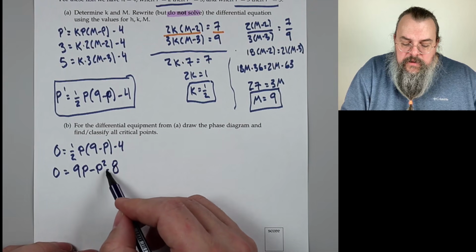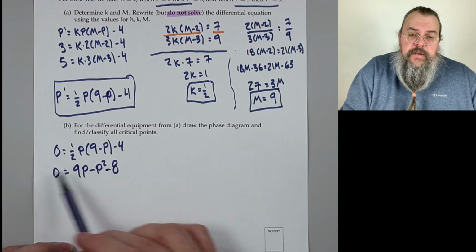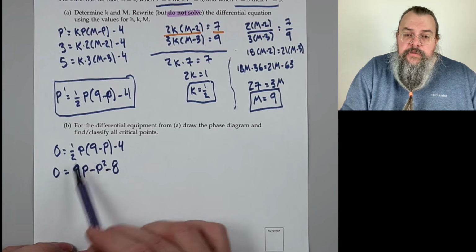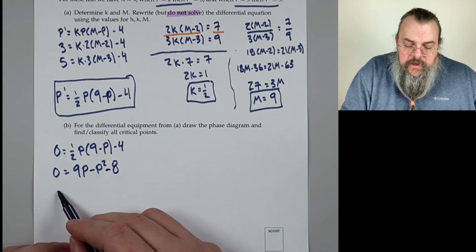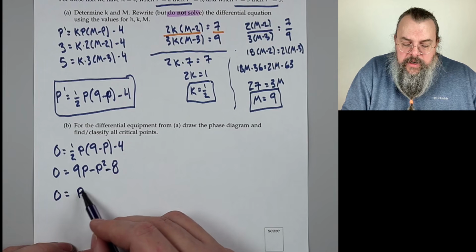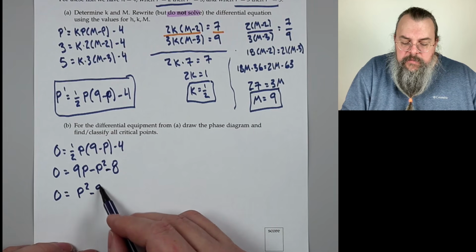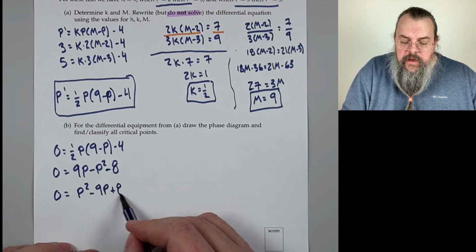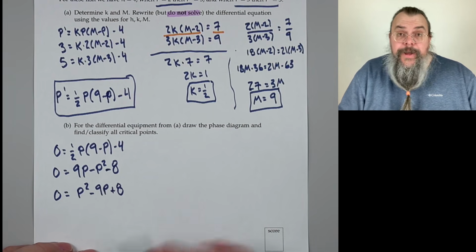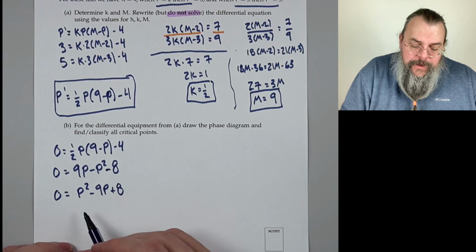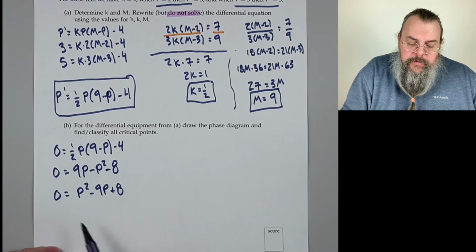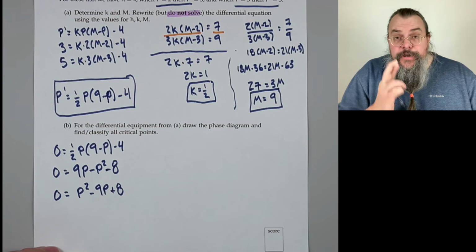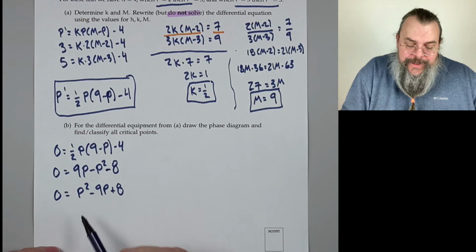And all right, so we get to this. All right, I'm going to multiply through by a minus and rearrange the first two terms. And so we get 0 is equal to p squared minus 9p plus 8. All right, good. Well, now what happens? Well, we hope, fingers crossed, that it factors.